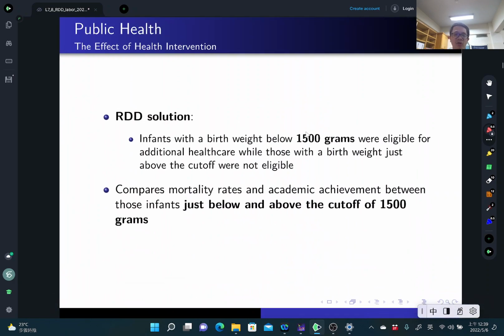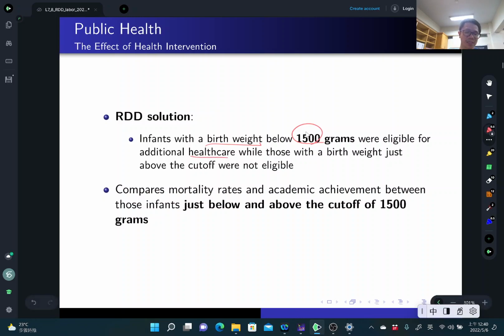So these two authors are very clever and they understand some doctor practice. So they consider this RD solution, RD design. That is, they know the doctor has one habit, or one so-called guideline: if the baby's birth weight is below 1,500 grams, they are eligible for more health care.